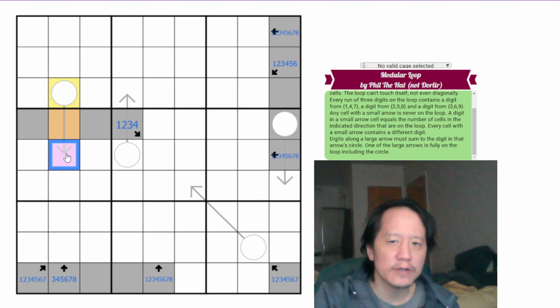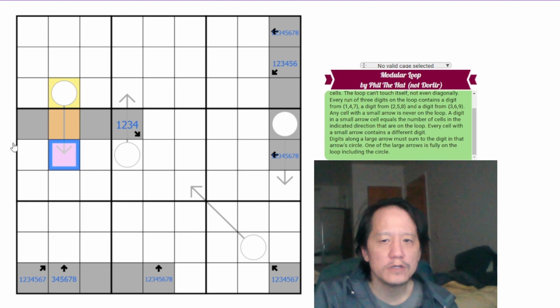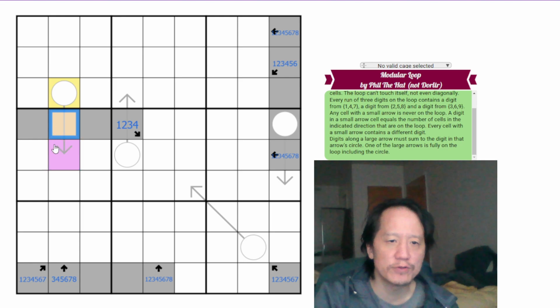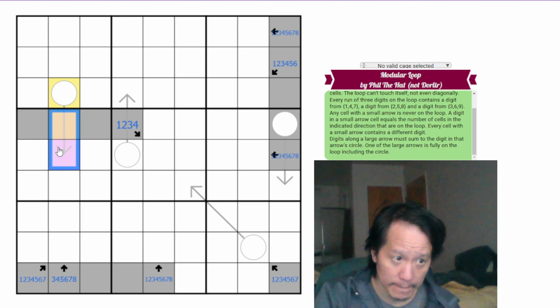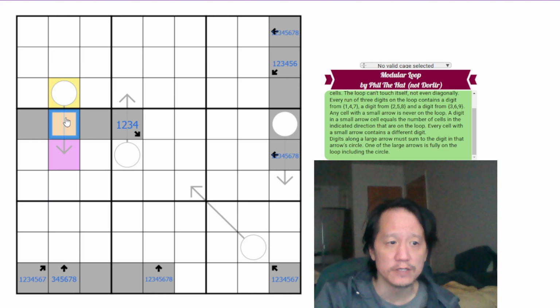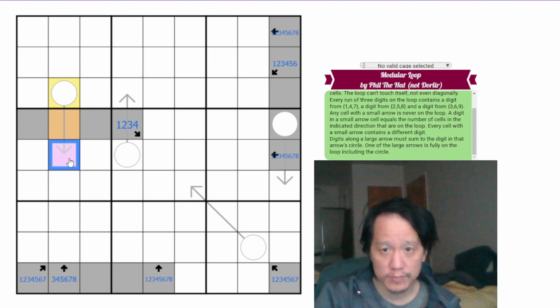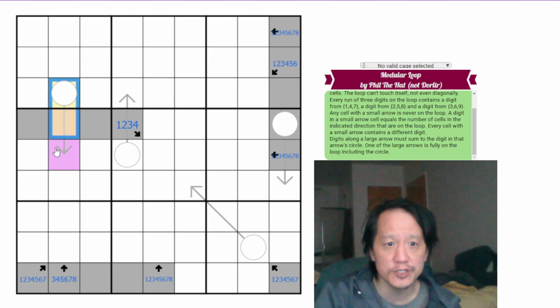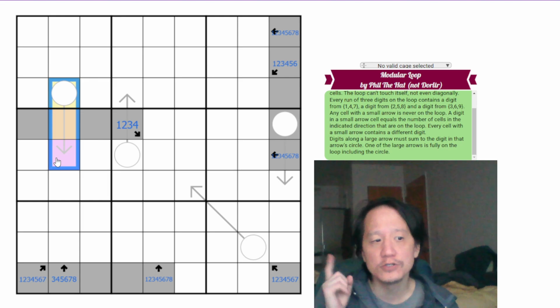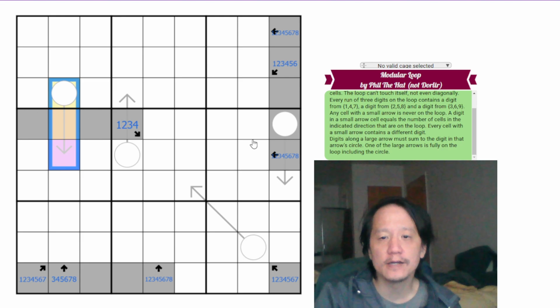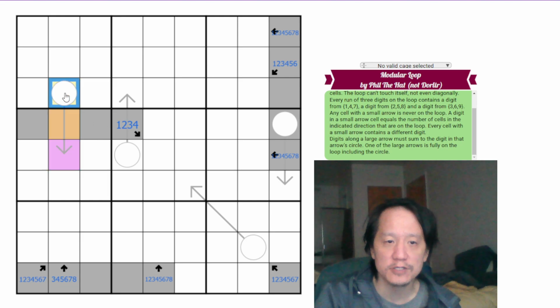What I think that means, if one of these is 3, 6, or 9, so say this was 3, 6, 9, these two would have to be the same modulo, which is not possible in the modulo loop because every 3 digits in the loop contains a digit from 147, 258: one from modulo 1, one from modulo 2, and one from modulo 0. So that cannot be the case. So 369 can never be here, which means this is 369.